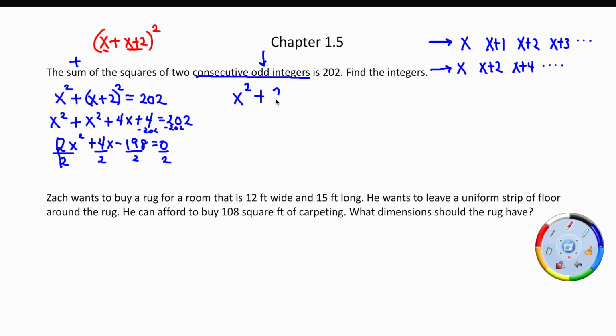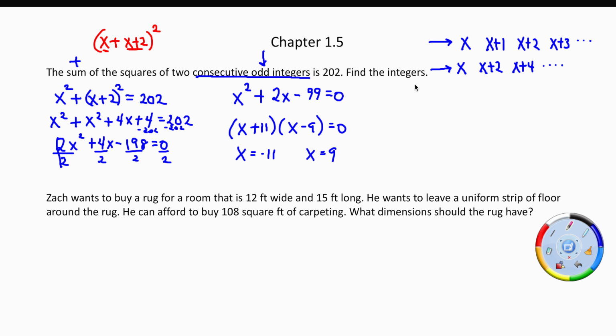I come up with x squared plus 2x minus 99 equals 0. So I'm looking for two numbers that multiply to give negative 99 and add to give 2. Those two numbers are 11 and negative 9. So x plus 11, x minus 9 equals 0, means x equals negative 11 or x equals 9.